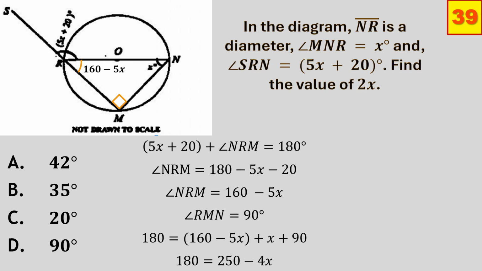Add 4x to both sides and subtract 180. 4x is equal to 70 degrees. Remember, we are looking for the value of 2x, not x. So, divide both sides by 2 and 2x is equal to 35 degrees.